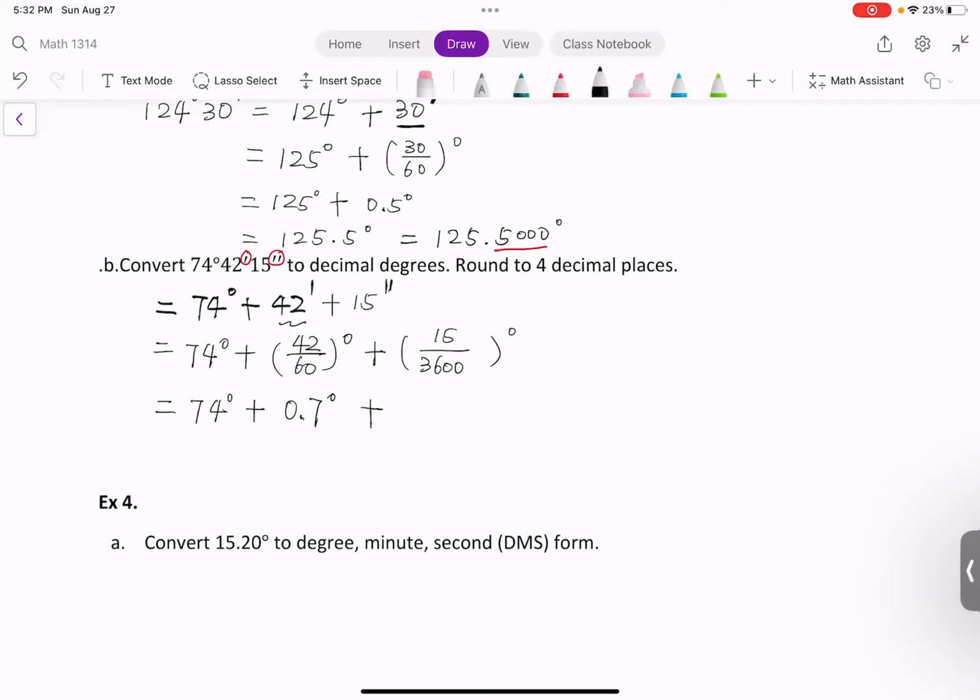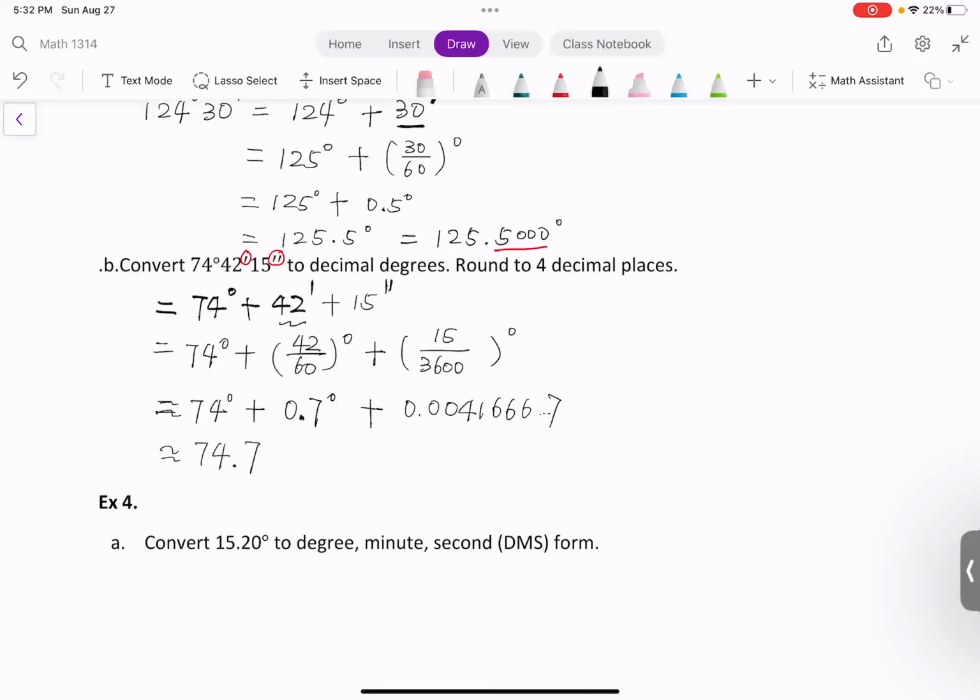How about 15 divided by 3600? So I get 0.0041666. So if I want to add them together, that's 74.7, because I need to add them together.